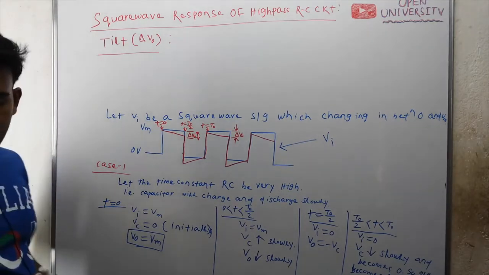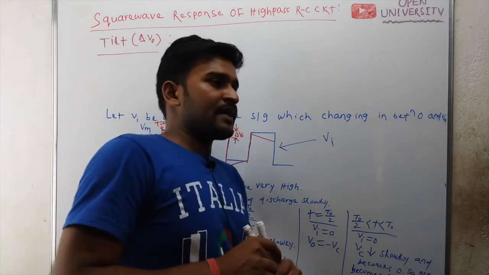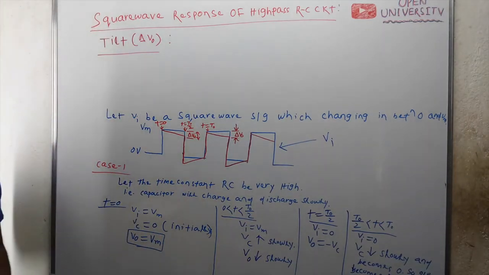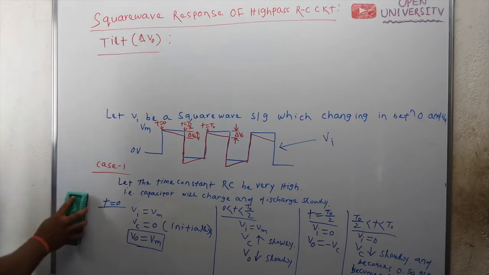Delta V naught or tilt is same as capacitor voltage at t equal to t naught by 2.